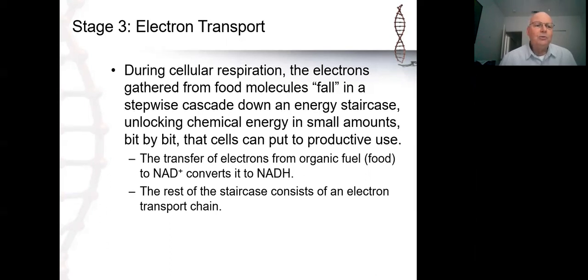And just as water behind a dam can be used to drive a turbine to generate electricity, so the hydrogen ions turn cellular turbines, and they really do spin just like a turbine, that drive the synthesis of ATP.